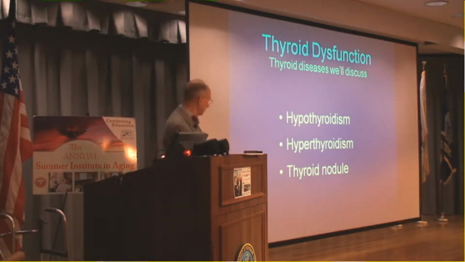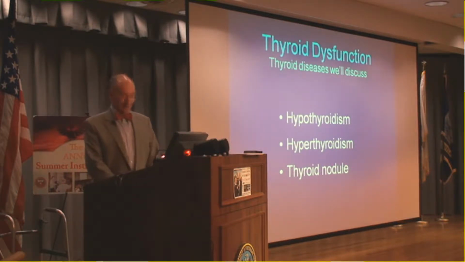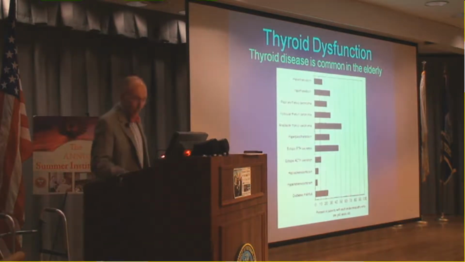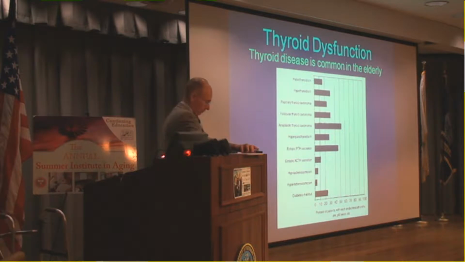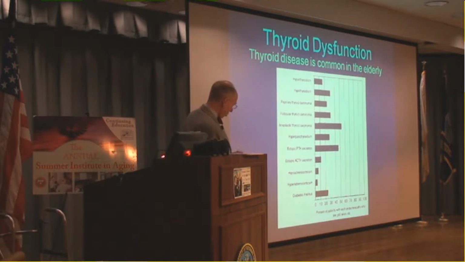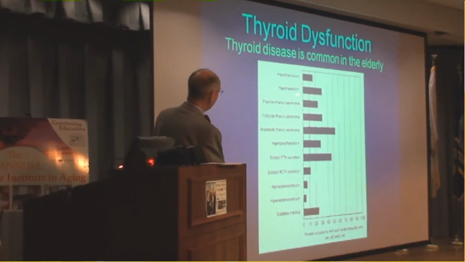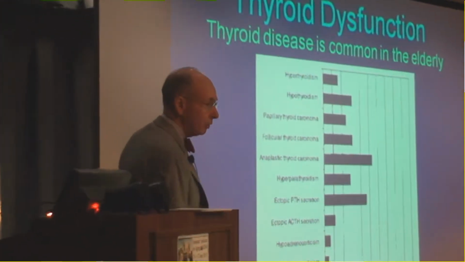But again, I'm not going to do death by PowerPoint. We're going to talk a little bit about this because it's important to look a little bit more for it. So thyroid disease in old people, very important. We see a lot of it. We see hyperthyroid, but even more hypothyroid.